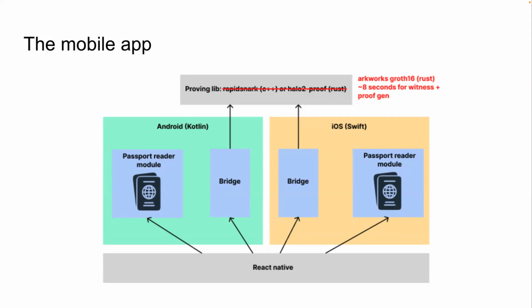It's pretty cool because I've not tested it on iOS right now, but on Android it takes about 8 seconds for all of the proof to be done on my phone, which is not last generation. It's like a Samsung S10, so it's a few years back. So I think it can be even faster on more recent hardware.